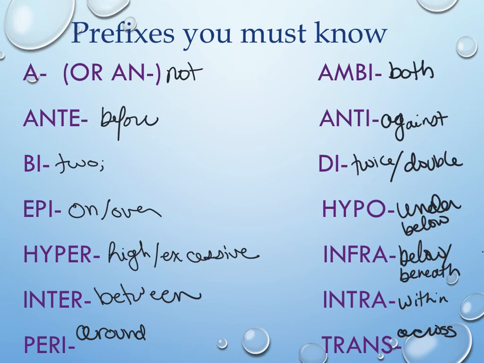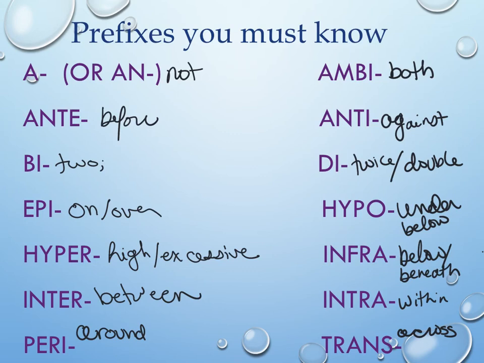Infra means below or beneath. You might be familiar with that from infrared. It's below red. Intra is within. So like something's inside. Trans is across.